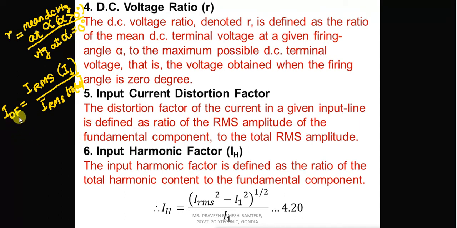Then input current distortion factor is equal to the ratio of RMS amplitude of the fundamental component, here I have written I1, divided by total RMS amplitude, here I have written IRMS total. So here we have to consider the amplitude, the current levels.